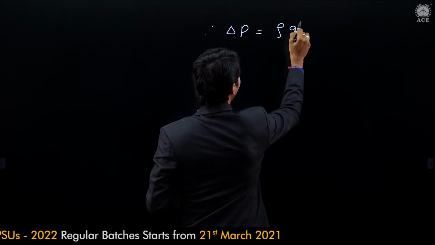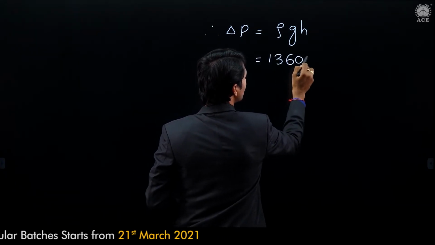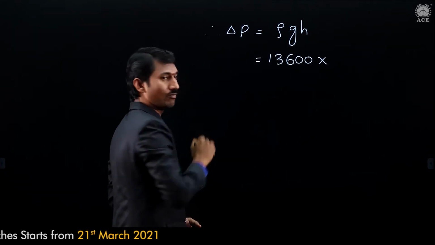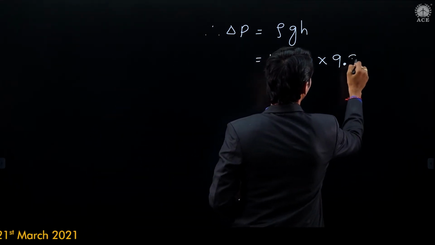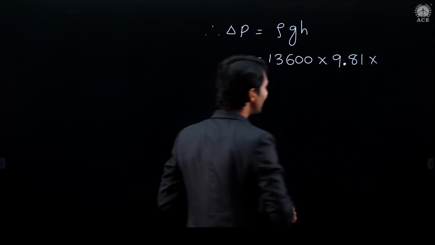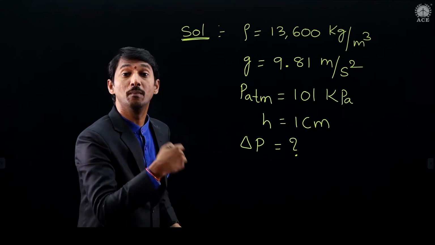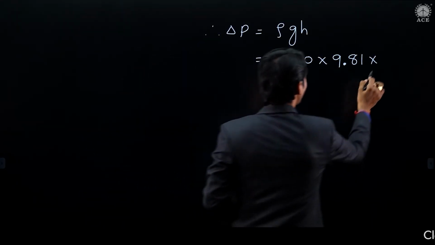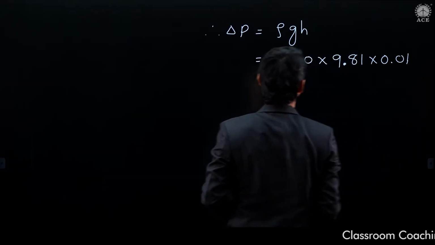rho G H. What is rho? 13,600. Right? What is G? 9.81. Right? Into height. What is the height he has given? 1 centimeter. We need to convert that into meters. So therefore, what is the value? 0.01.